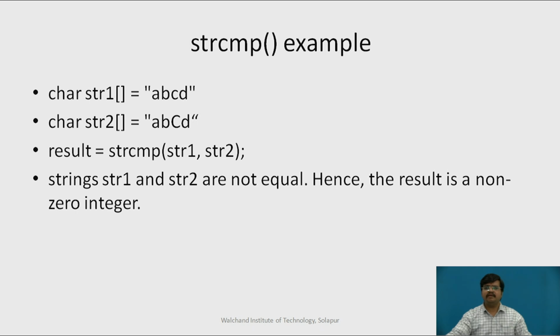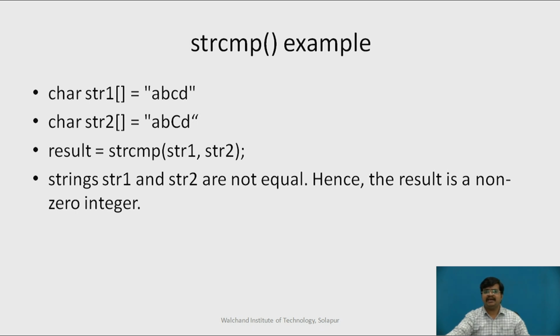Example for strcmp. Observe that we have two strings, str1 and str2, and we have result is equal to strcmp of str1, str2. We are using here a standard library function called strcmp. If we compare these two strings, the compare function will compare the strings character by character.